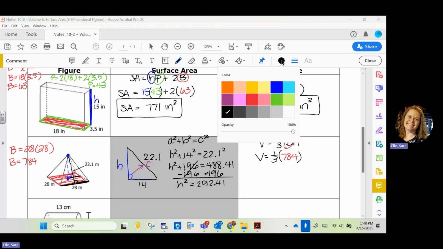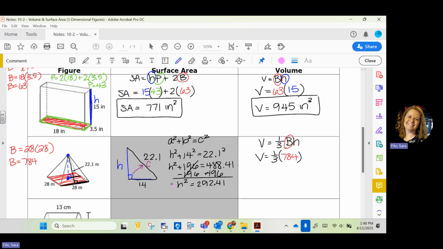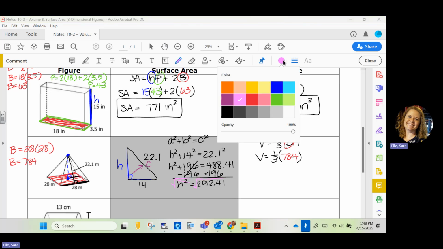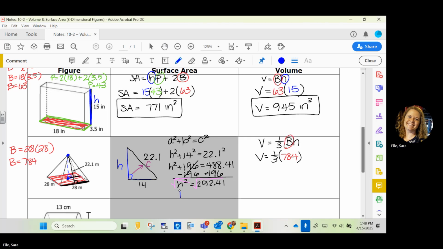And then to get rid of the square, we have to square root. So the opposite of a square is a square root. So to solve for H here, I do the square root of 292.41, which is 17.1. So the height of this pyramid from the center of the base up to the tip is 17.1.